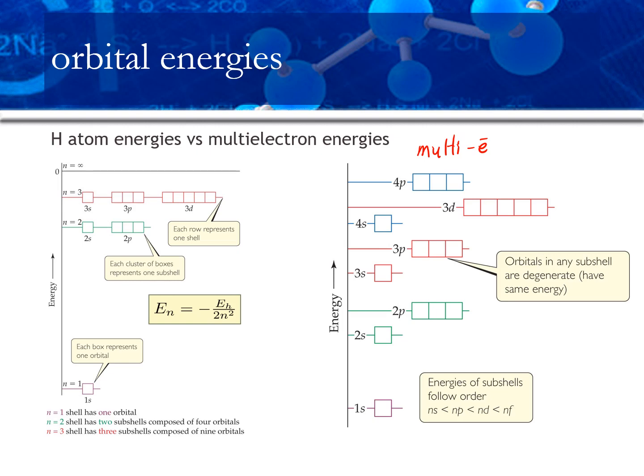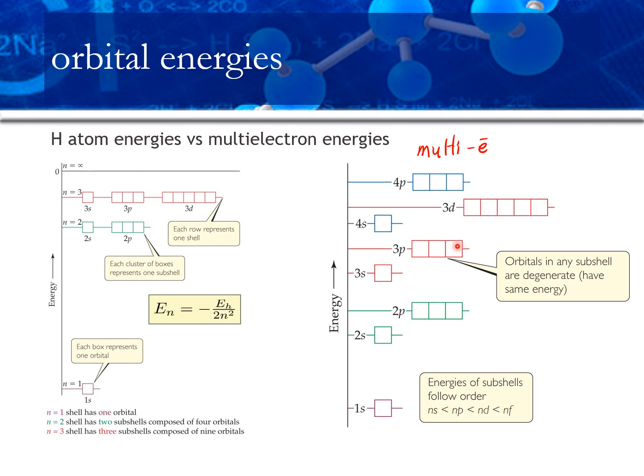now each of these orbital subshells has a different energy. It is still the case that orbitals in the same subshell are degenerate, so all three 3p orbitals have the same energy, but now the 3p subshell has a different energy than the 3s, and the 3d has a different energy than the 3p.